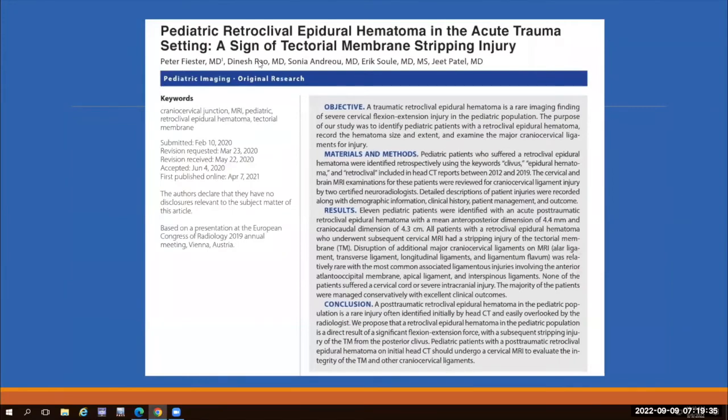We looked at this, and what we saw was that this retroclival epidural hematoma is very commonly seen in kids with craniocervical junction tears, and specifically a tectorial membrane tear. In adults with a tectorial membrane tear, you get a supradental hematoma. In kids, you get a retroclival epidural hematoma.